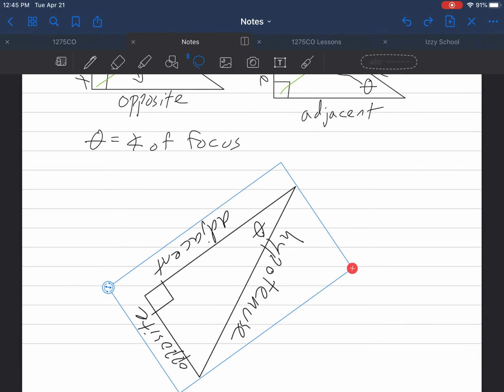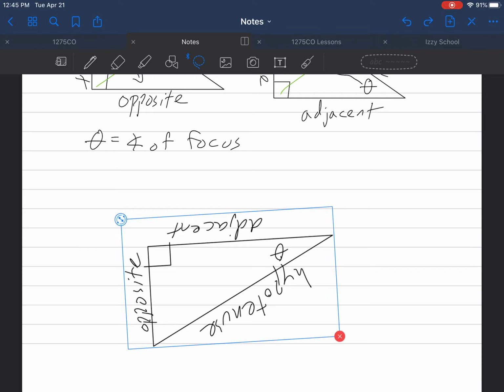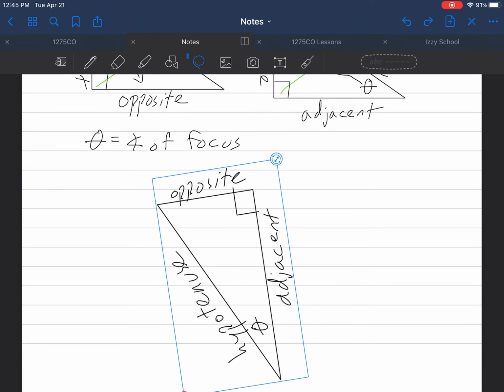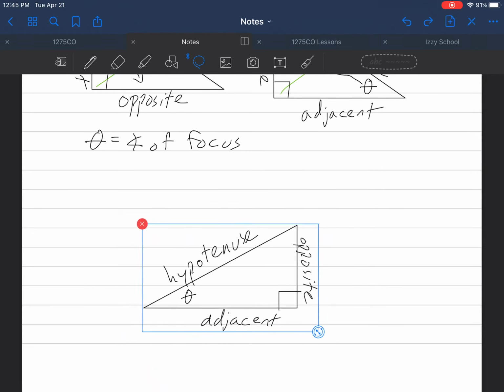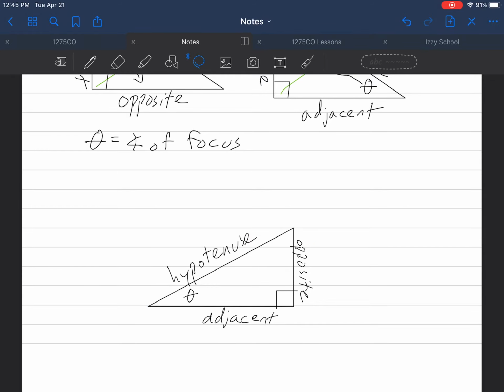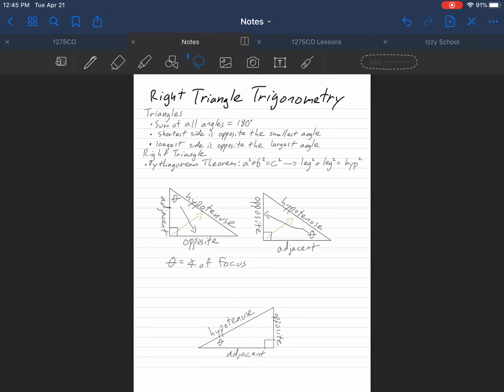Again, if we change our design over here, hypotenuse can end up on the bottom, adjacent can end up on top, right? Hypotenuse can end up on the left side. Opposite can end up on top. So it really depends on how this triangle is drawn, and your angle of focus.